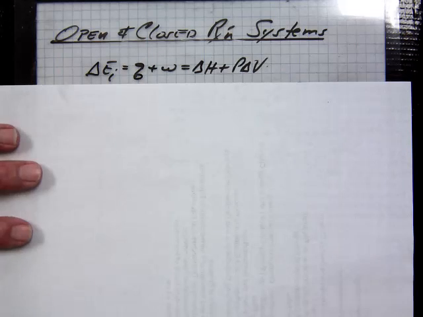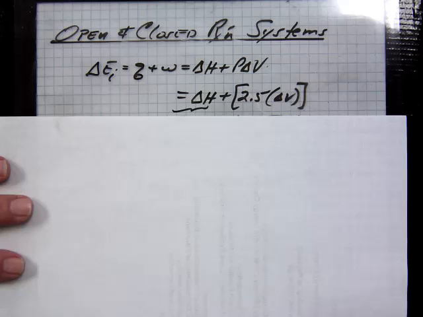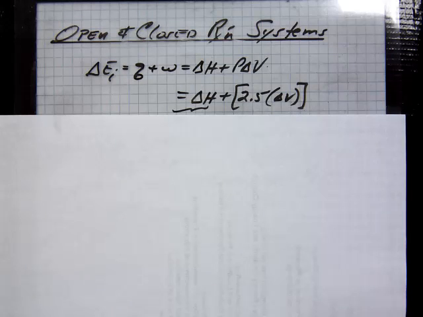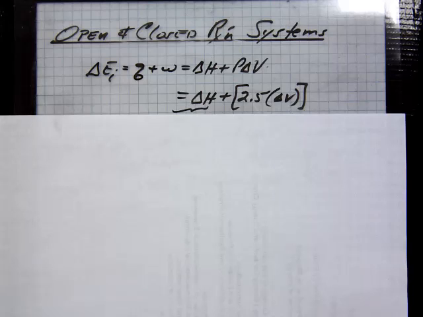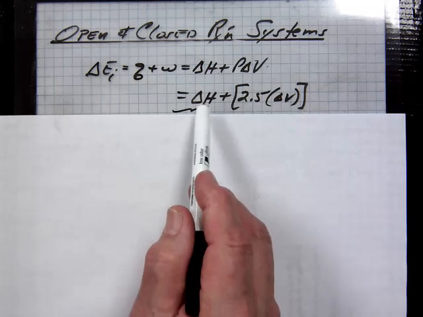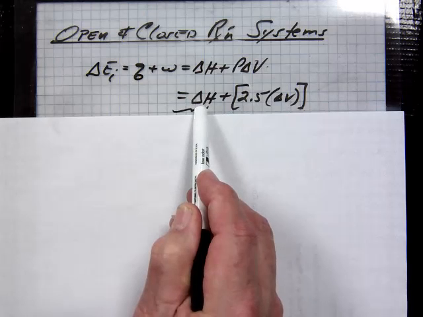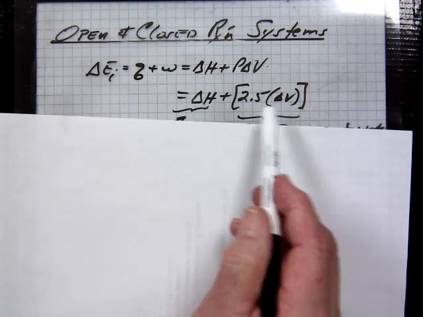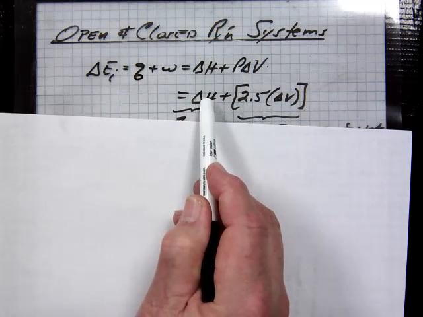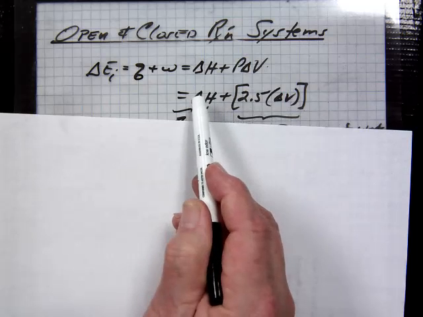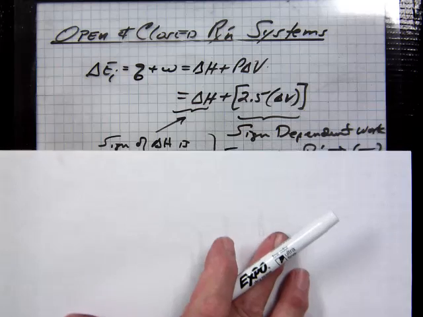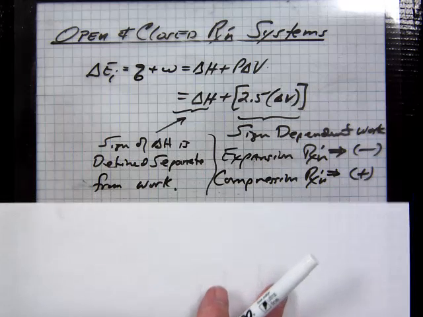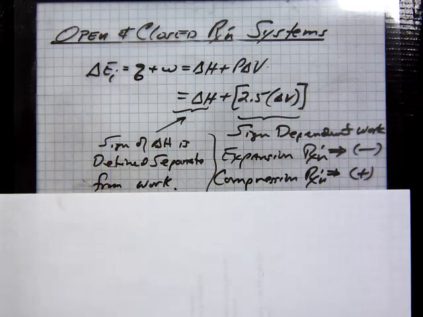And I've condensed that down into a simpler equation here that's delta H plus 2.5 delta V. In working with the equation, at this point in your understanding, the delta H is attached to the equation and is separate from the work function. So all you've got to do is look at the equation and see what's tagged on the end of it, or which side of the equation it's on. For the 2.5 delta V, you have to look at the gas phase components and make an assignment of sign.